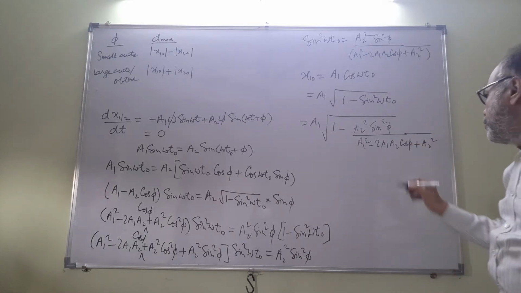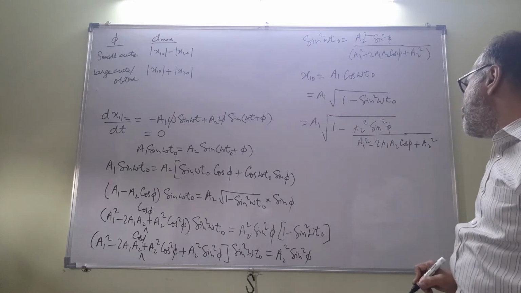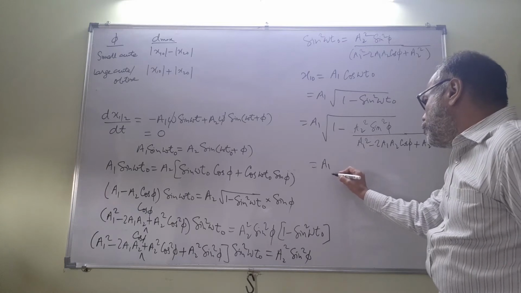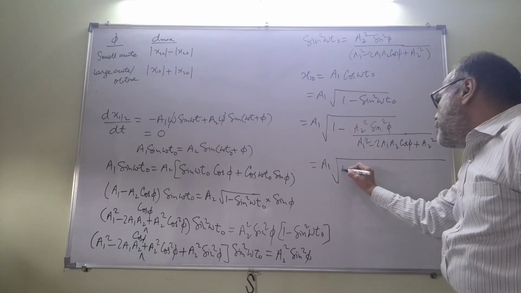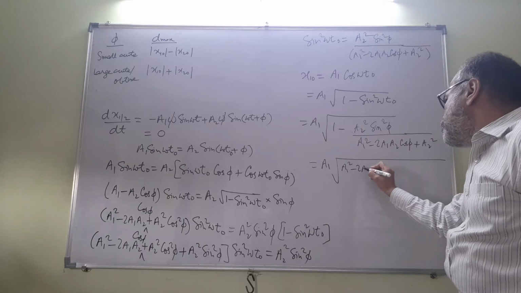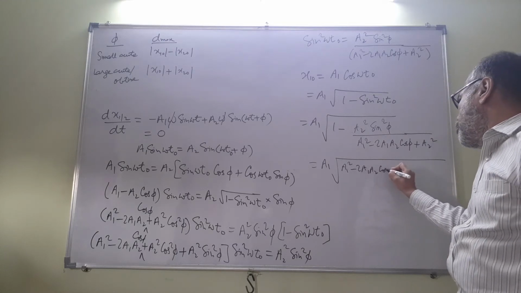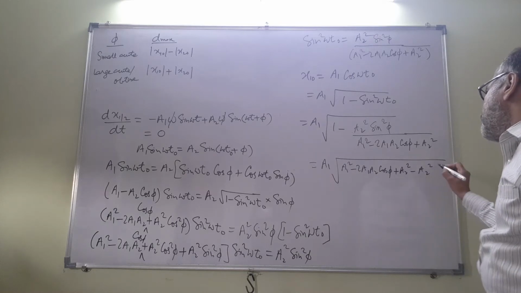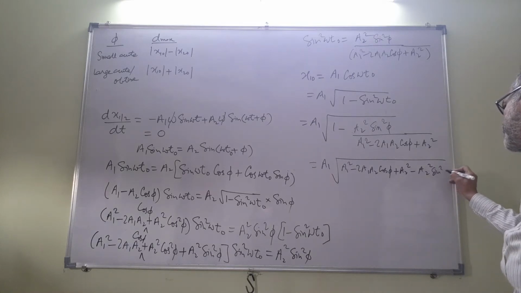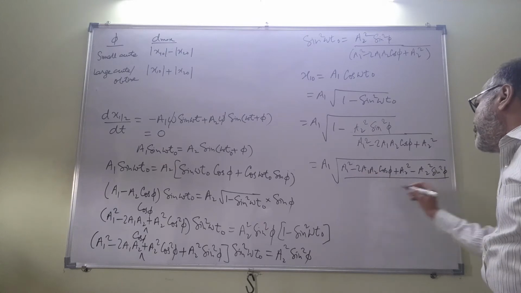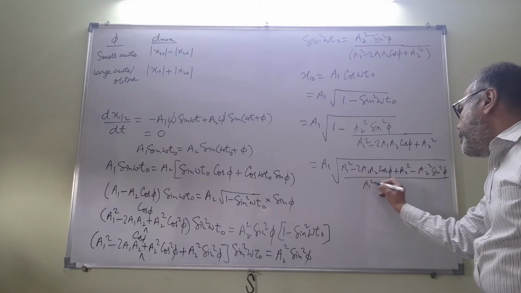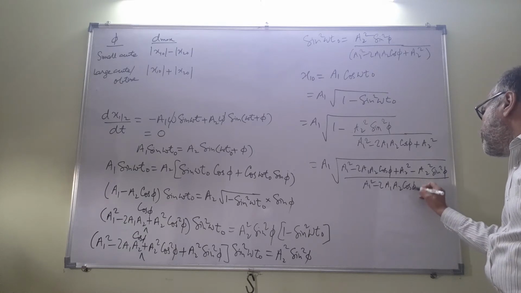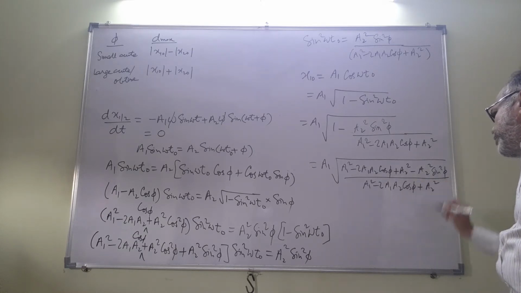So if you take the LCM, see what you get. You will get a1 root of a1 squared minus 2a1 a2 cos phi plus a2 squared minus a2 squared sin squared phi divided by a1 squared minus 2a1 a2 cos phi plus a2 squared.